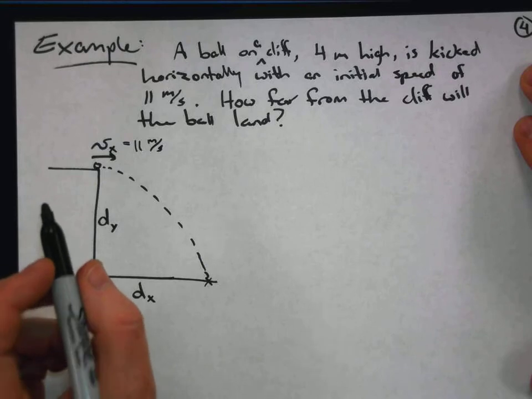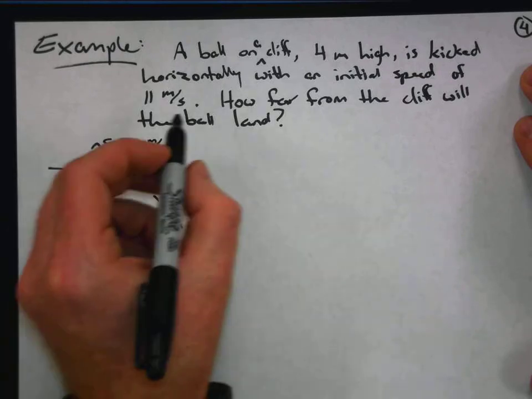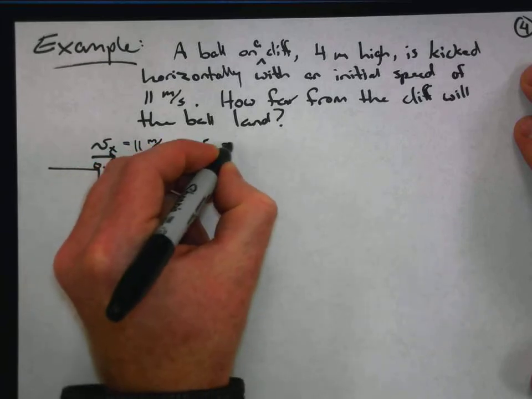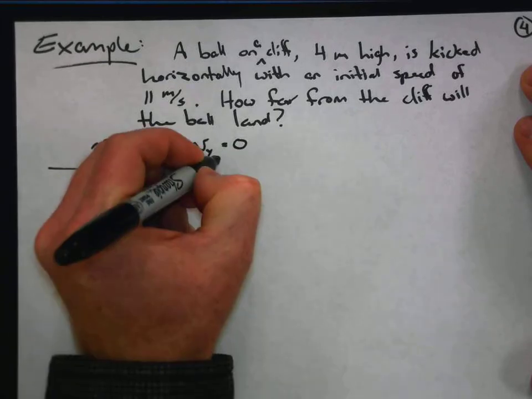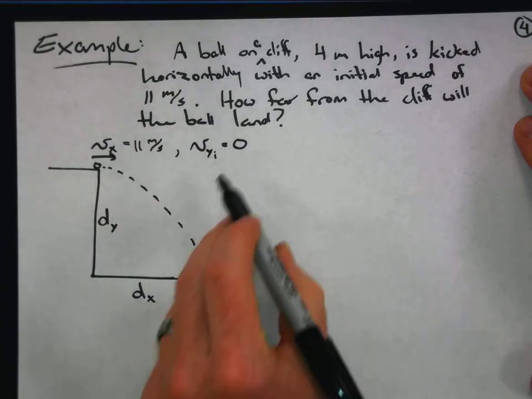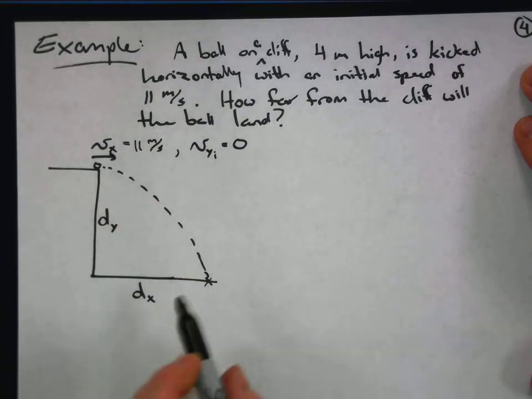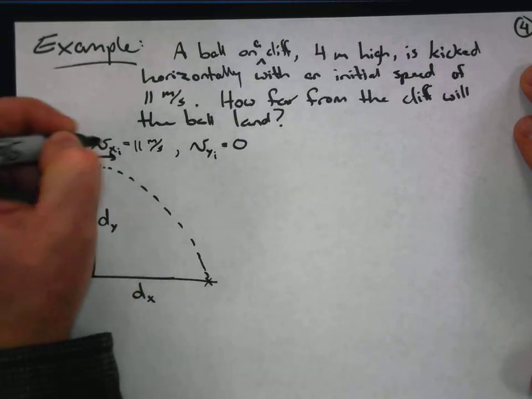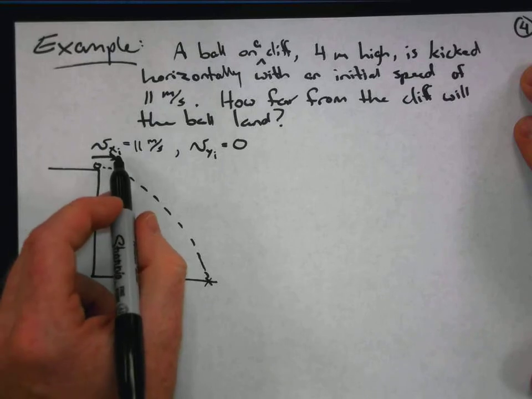Well, what is Vy? It's not said, but it's implied that Vy is 0. But that is the initial vertical velocity, right? Because after it starts to fall, it's going to have some vertical velocity. So this is also an initial horizontal velocity, right?